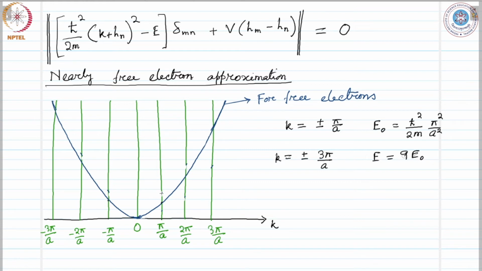If we consider a small strength of a periodic potential for this system, then we can consider two elements in the basis.